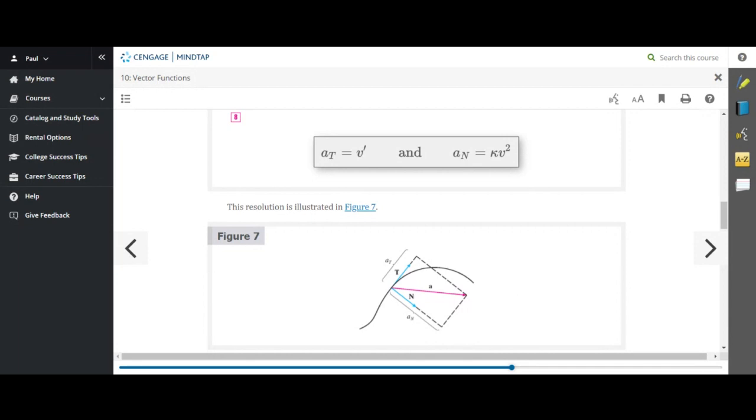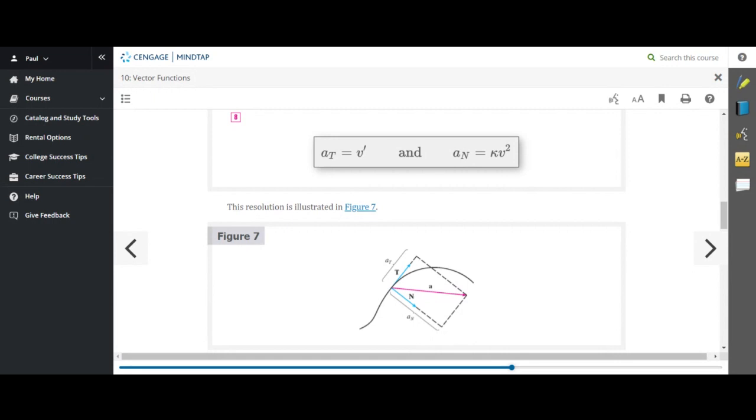Now, let me ask you, what influences the acceleration vector? Does the magnitude of acceleration, the v prime, influence the acceleration vector? It does, absolutely.